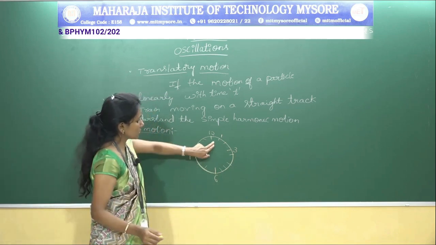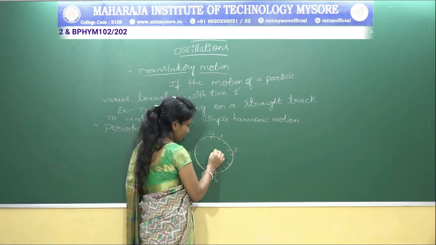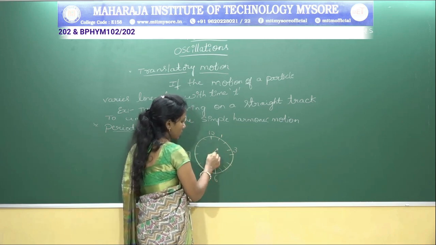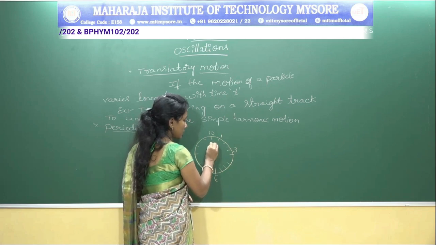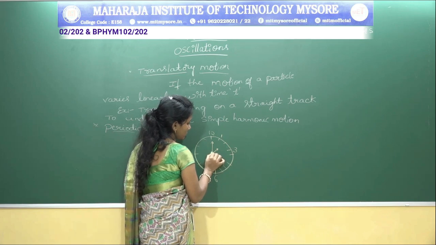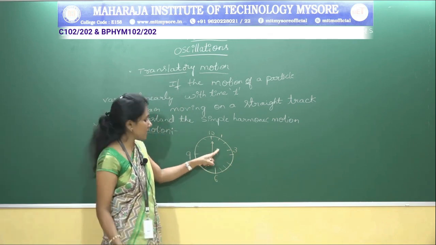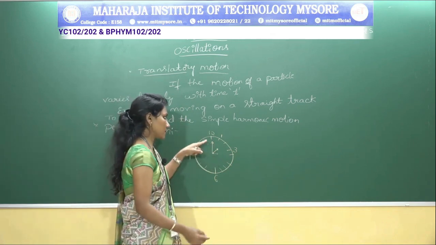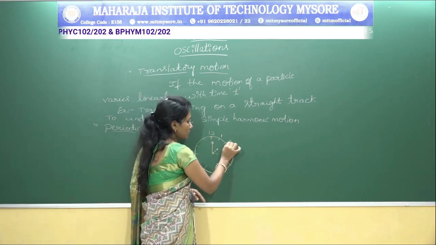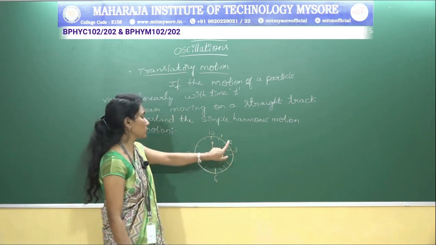If we observe the clock, there is the minute hand, hour hand and seconds hand. Suppose the hour hand is now at 2, 2 o'clock.